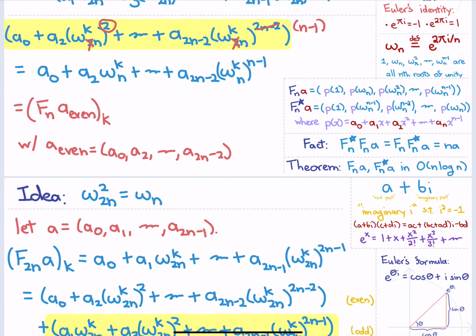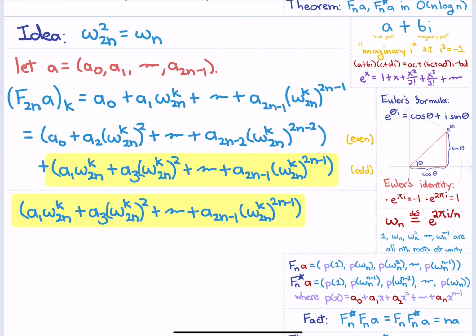Odd, we can do something similar. The only difference about the odd case, what's the issue here? There's an extra omega sub 2n, an extra 2nth root of unity.